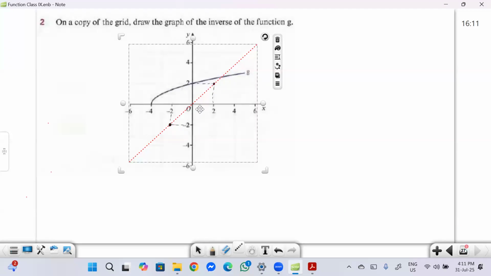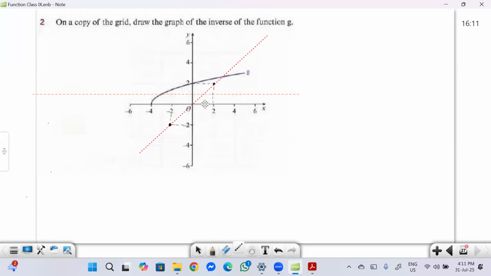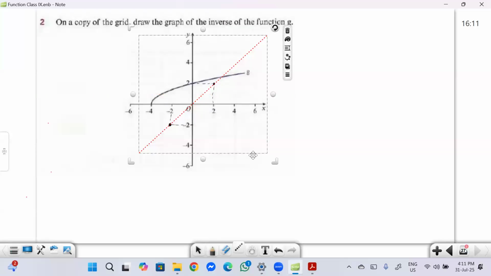I hope that will work. Sufficient for us to work on. Okay, the next thing that we need to do, if the graph given intersects y equal to x somewhere, we need to recognize that, and we also need to keep in mind that we also need to travel through this point when we draw the inverse. Now, the extreme point of this graph is -4, 0.